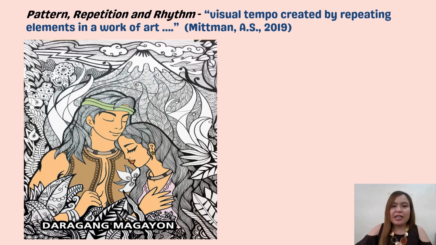You have the leaves, the hair, even Mount Mayon, the clouds that can be found on top of Mount Mayon. They seem to complement everything else in the picture. And this is even made more attractive by the artist's use of pattern, repetition, and rhythm.